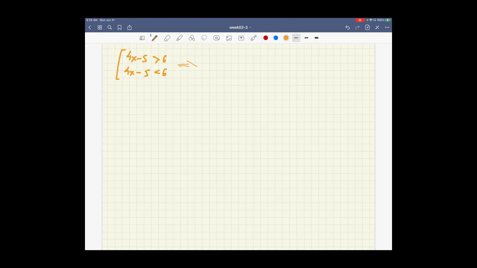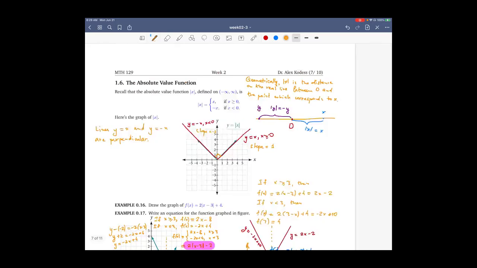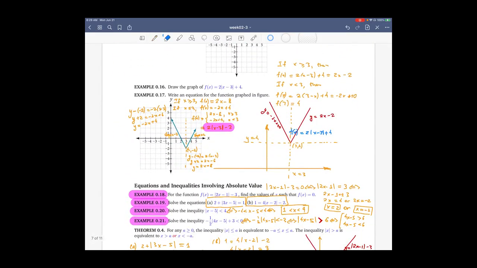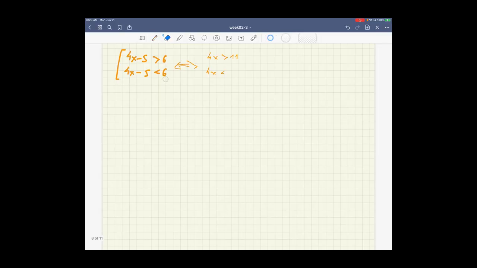Then, of course, this means that either 4x is greater than 11 or 4x is less than... This was supposed to be -6, of course. So 4x is less than 5 minus 6, which is -1.